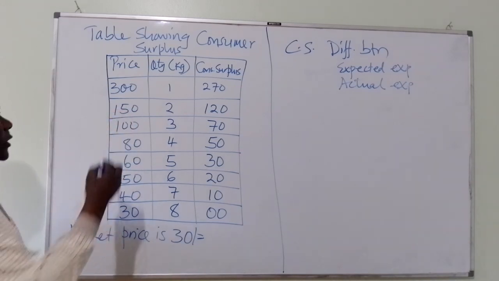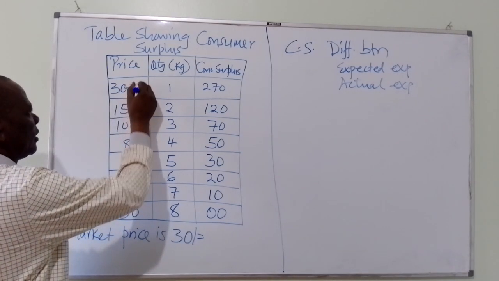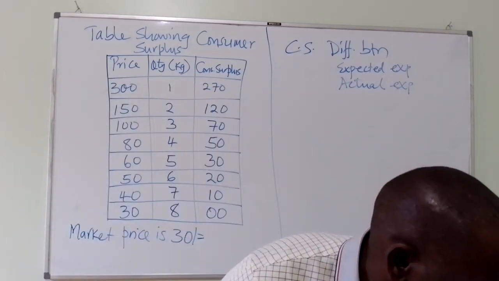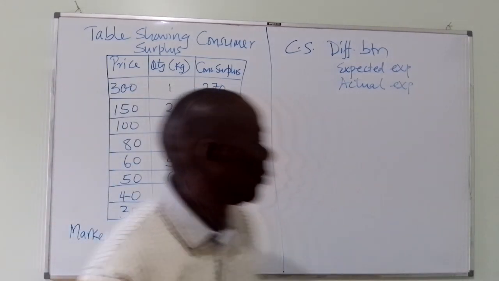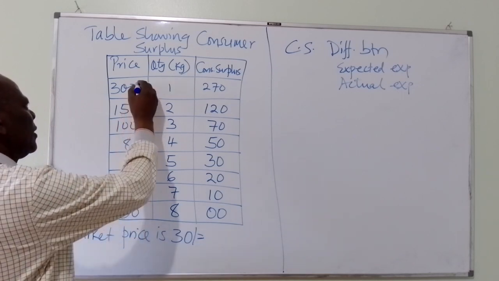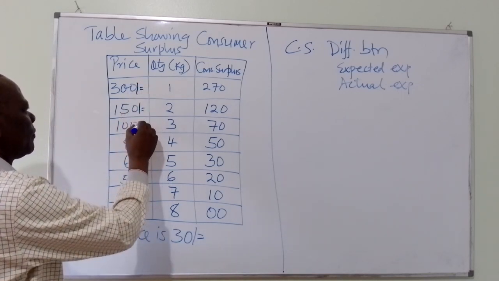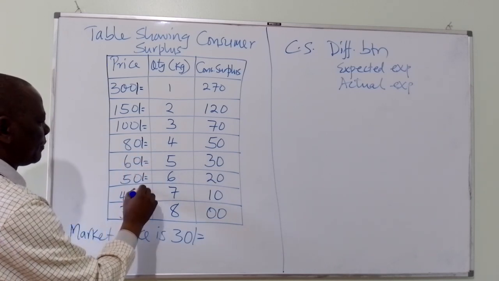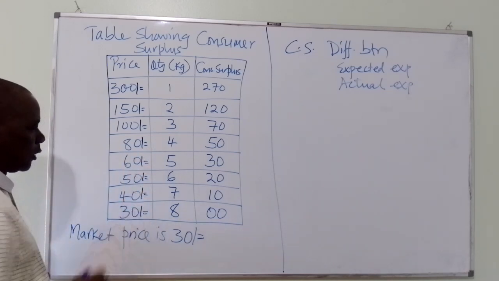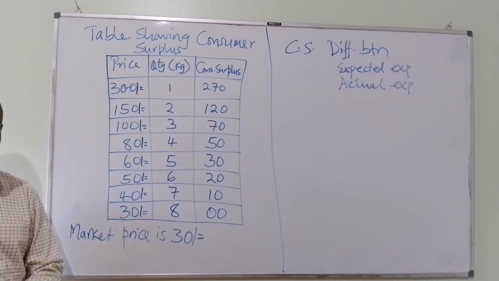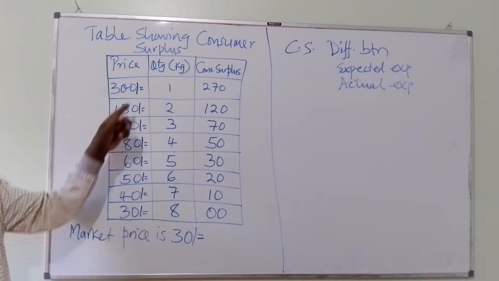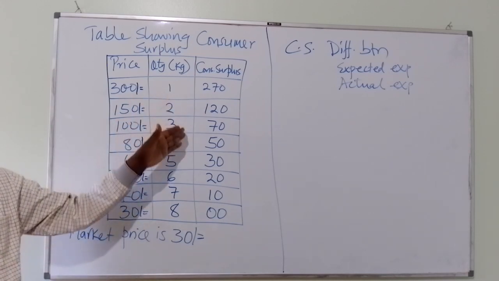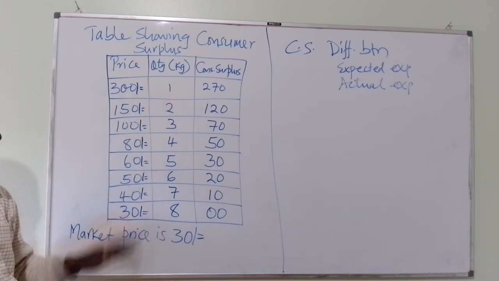These are shillings that he has to spend. So this is how his demand schedule is. He is ready to buy this at this, at this, at this.